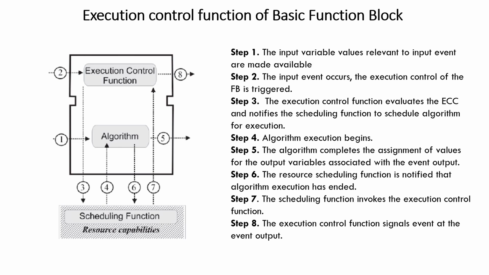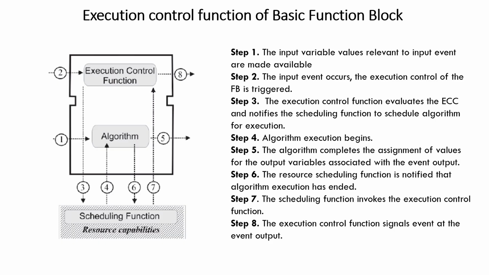So, how does execution control of a basic function block work? Initially, before any event arrives, all input variable values relevant to the input event have to be made available. This is indicated by number 1 here.